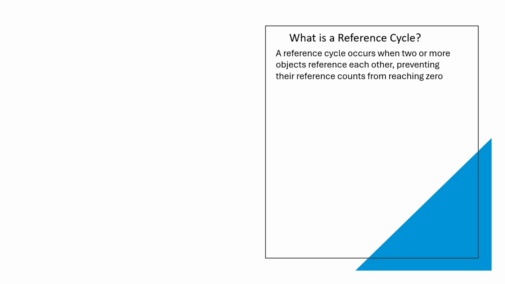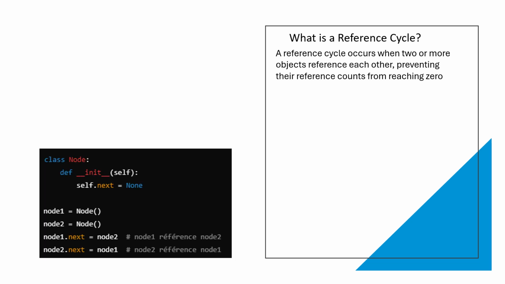Now that we have covered the basics of reference counting, let's move to another scenario where it can run into issues: reference cycles. A reference cycle happens when two or more objects refer to each other, stopping their reference counts from reaching 0. For example, imagine two Python objects, node1 refers to node2 and node2 refers to node1.